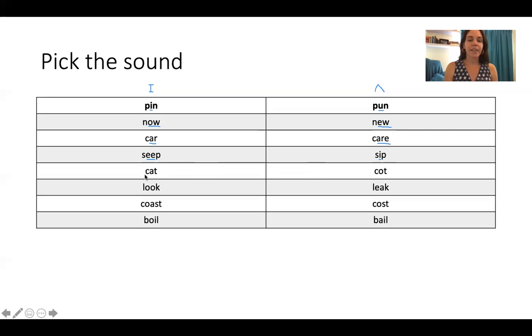Cat. K-A-T. Cat. And cot. K-O-T. Cot. Look. L-O-K. You say it.